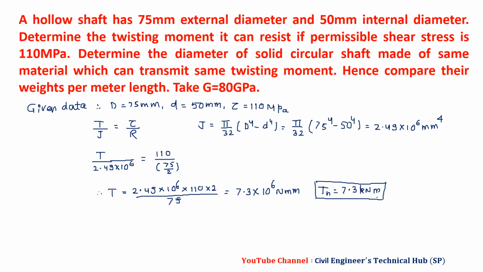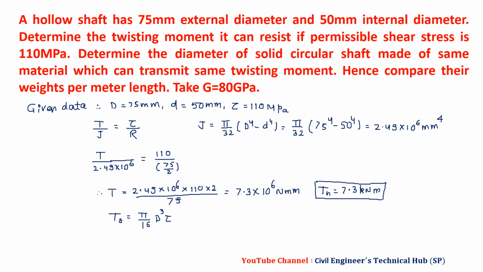That is the first part of this. Second, determine the diameter of a solid circular shaft made of the same material which can transmit the same twisting moment. So we have to find now T solid, and we have the formula pi by 16 d cube into tau.